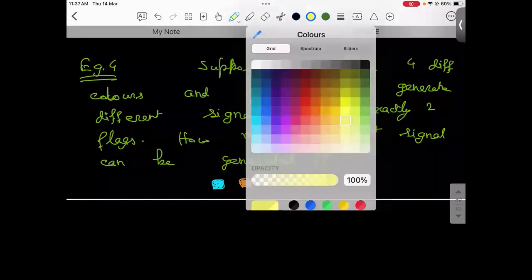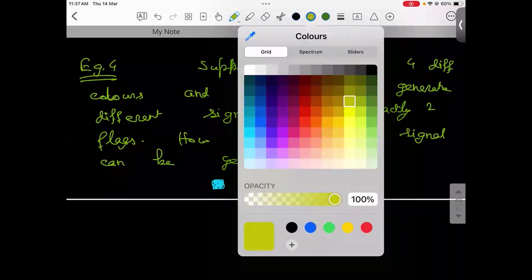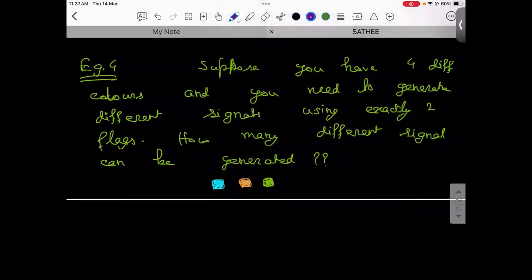Then this green color, and I can use the purple one. Okay, so I have 4 different colors.